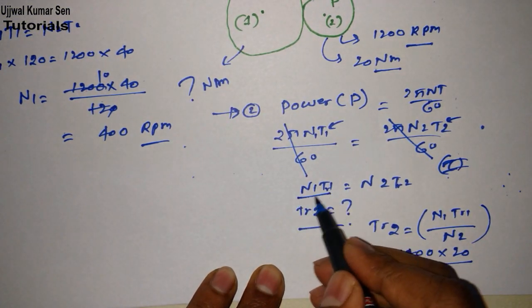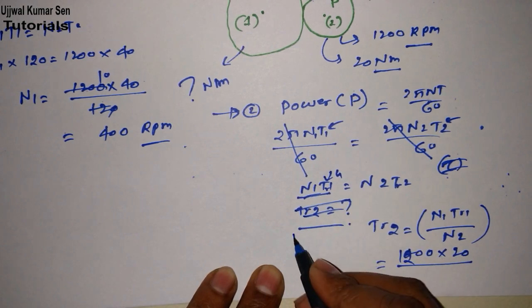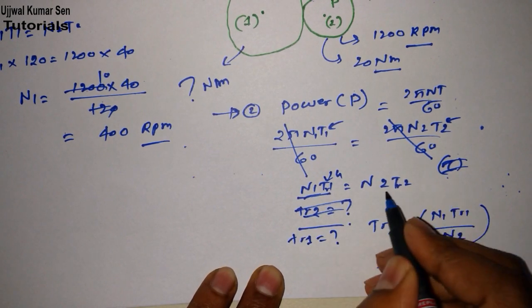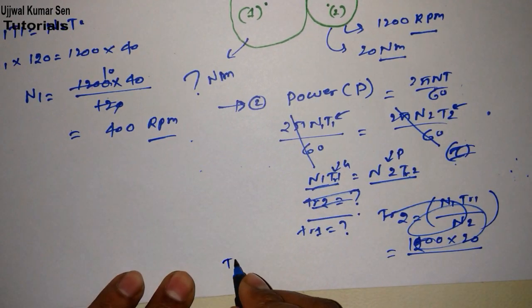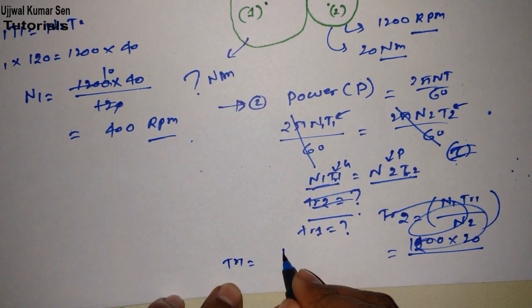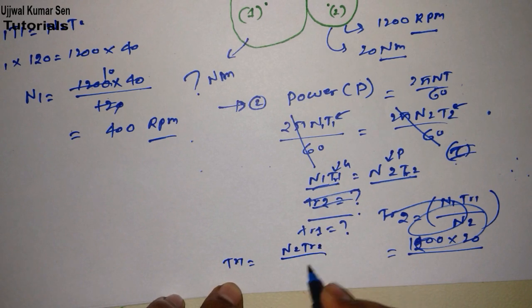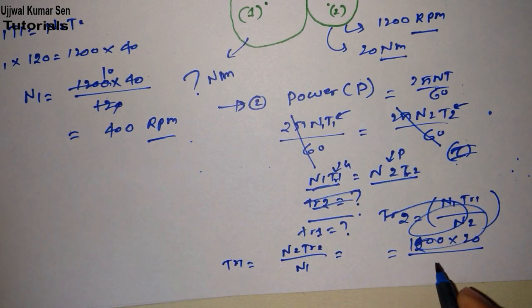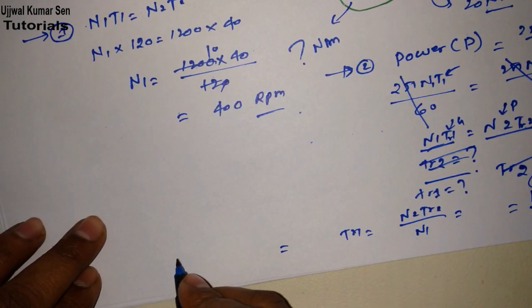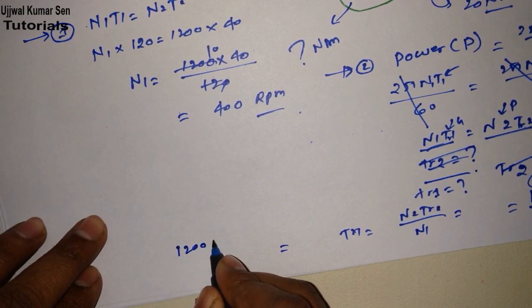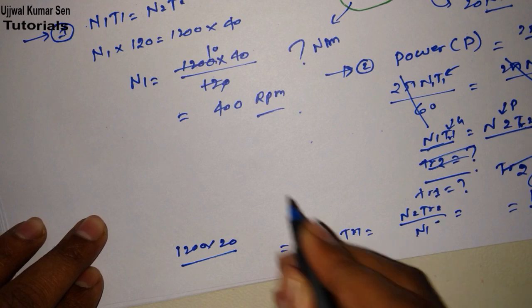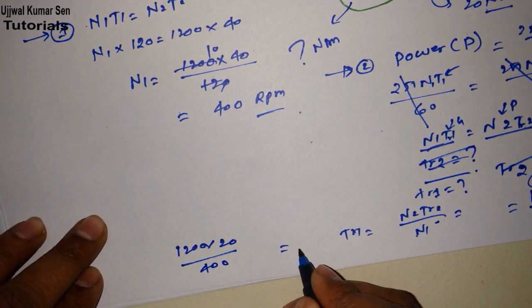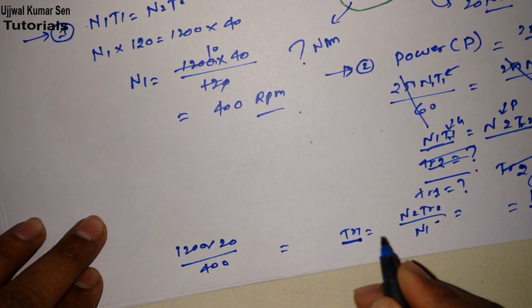Let's say this one is for gear, so we have to find out TR1, and this one is for pinion, let's say. So what we'll get here is TR1 is equal to N2 TR2 by N1. N2 is 1200 and TR2 is 20. Therefore N1 that we have calculated is 400. We have to find out TR1, right?